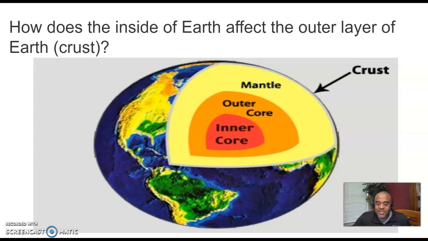We live on the crust. How's the temperature inside the Earth affecting how we are able to live on the crust? How's that affecting the mantle? And also, what elements and substances are in those layers that are affecting the outer layer of the Earth? Okay, so you're going to do a little discovery today.